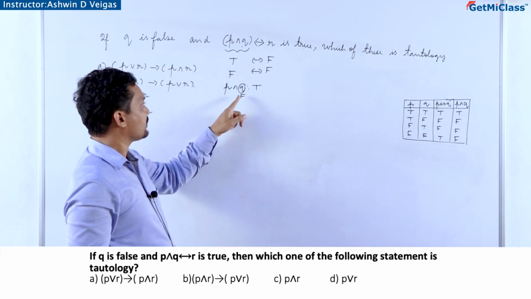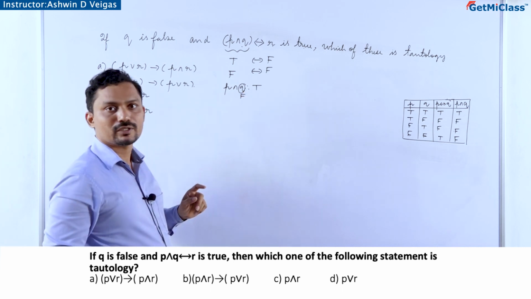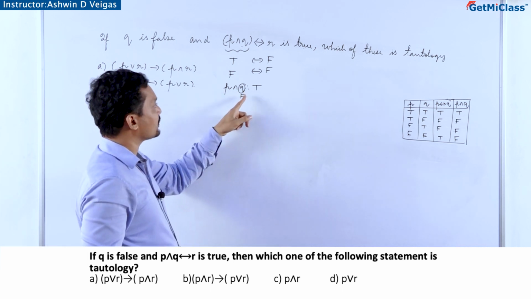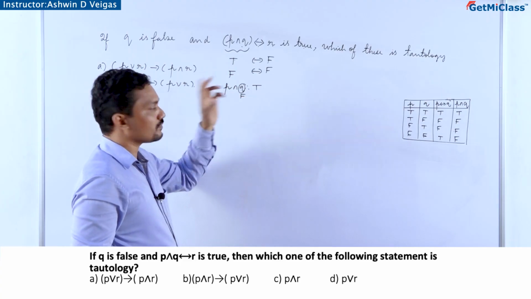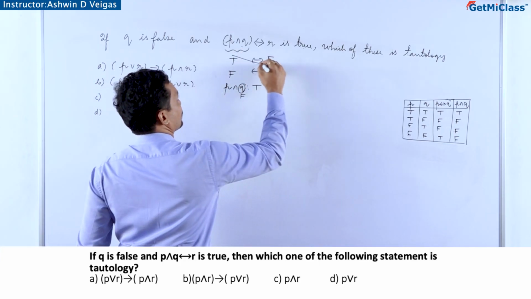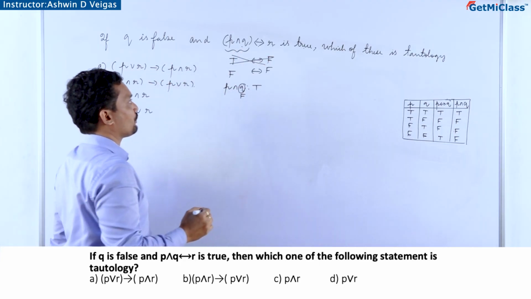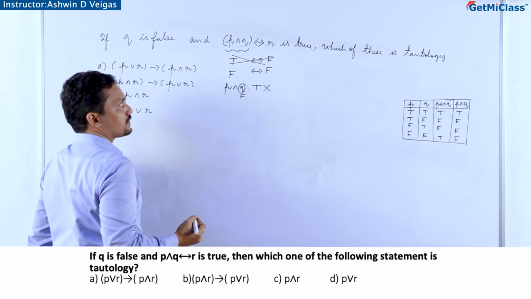When any of the components is false, the answer cannot be true. True and false is also false, false and false is also false. So, true will not come at all, therefore, this case is out. So, this case does not exist.